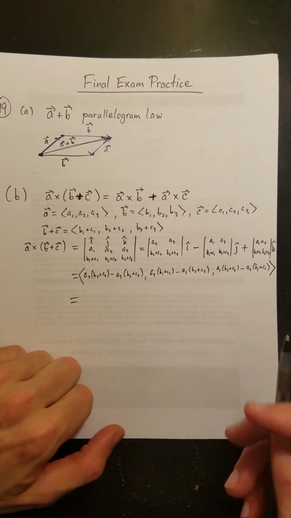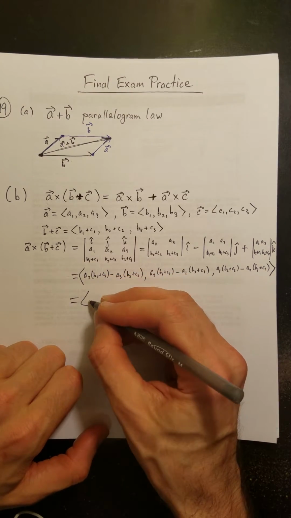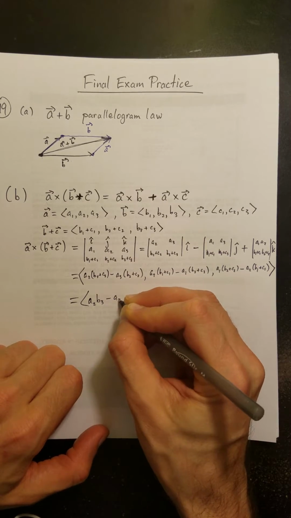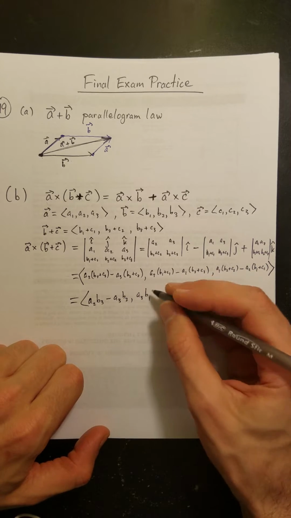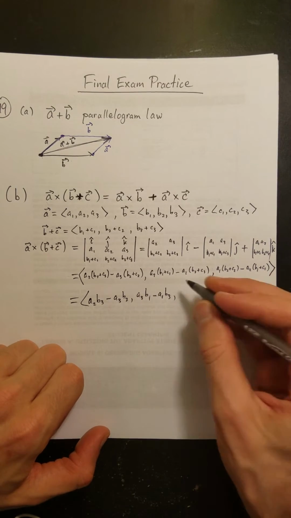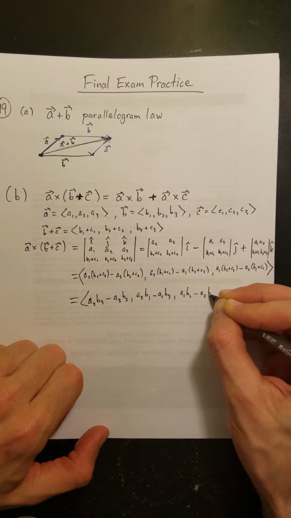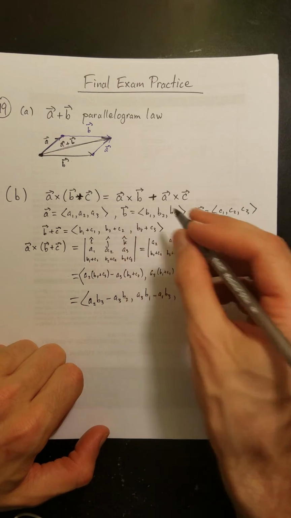So if we split this vector up, which is very easy to do, I can just write it as a2 b3 minus a3 b2, a3 b1 minus a1 b3, a1 b2 minus a2 b1. So that's our cross product of a and b.